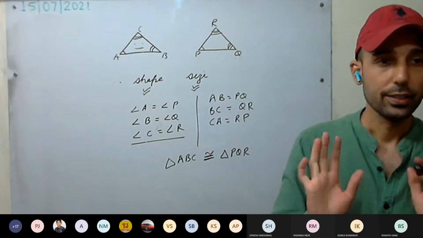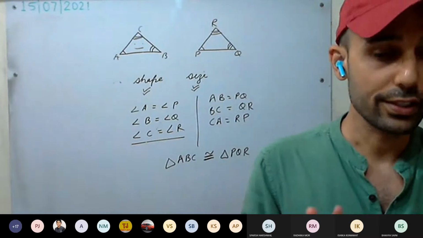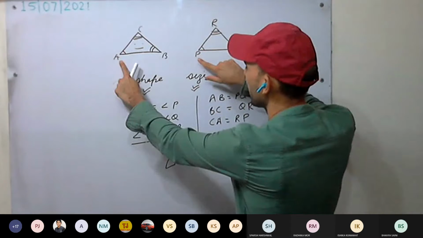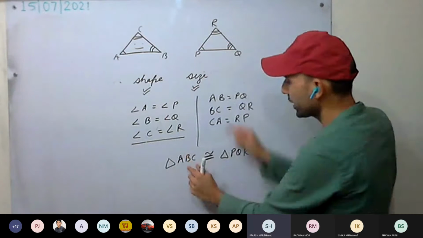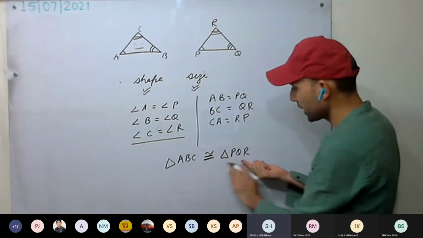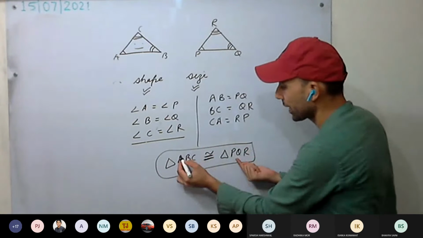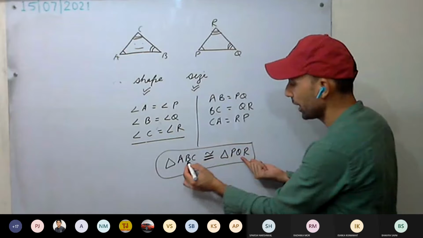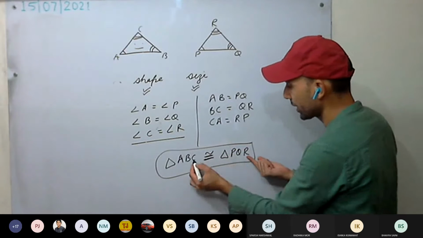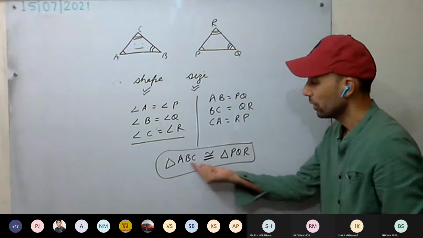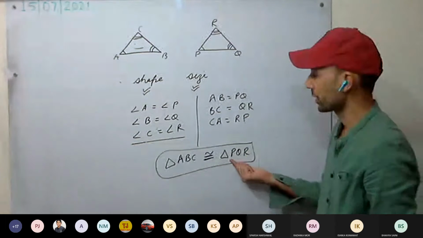A few notations or conventions that we have to follow: which angle is equal to angle A? Angle P. So when you write it this way, you can easily figure out angle A equals angle P, angle B equals angle Q, angle C equals angle R. So you have to write these in the same order.